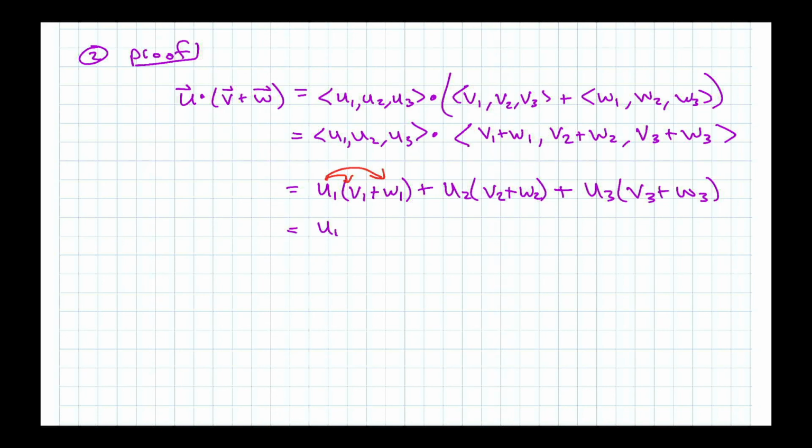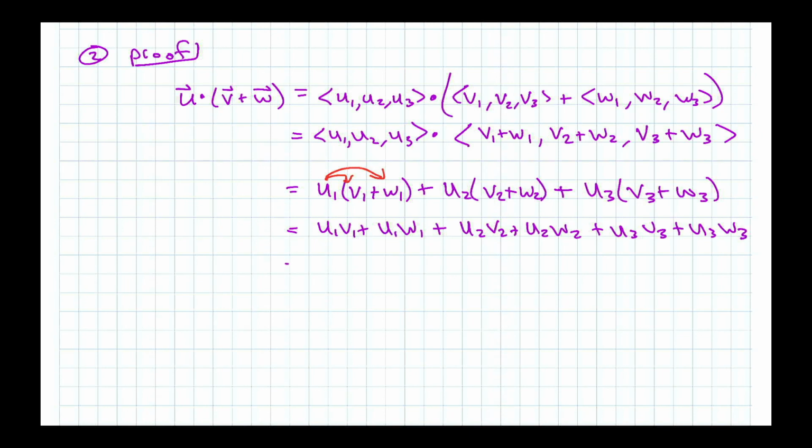We get u1 v1 plus u1 w1 plus u2 v2 plus u2 w2 plus u3 v3 plus u3 w3. So just multiply everything out. Then what you can do is collect all the v's first. There's 3 terms with v's, right? This has got a v, this has got a v, this has got a v. And then 3 terms with w's, w, w, w.